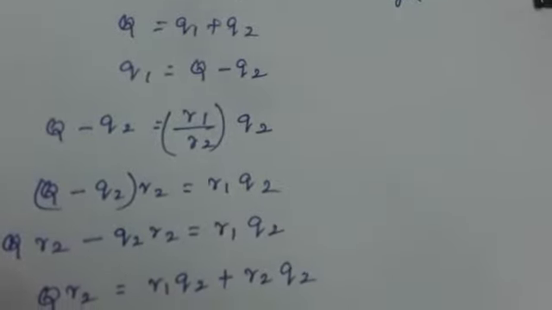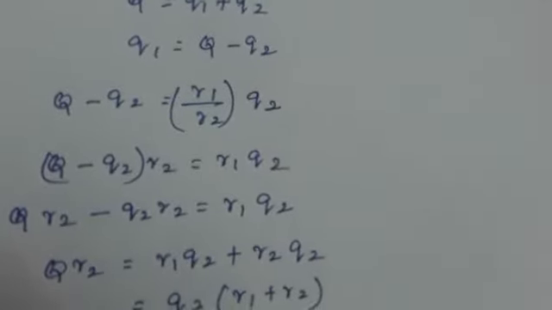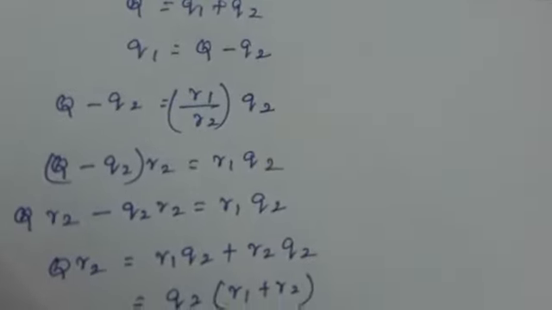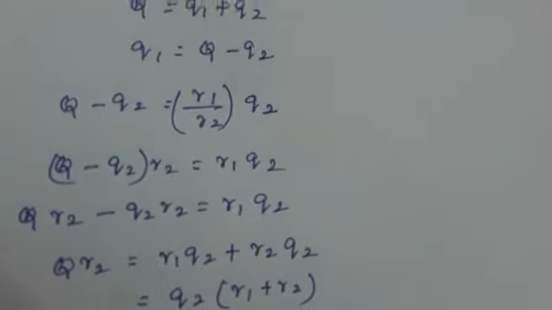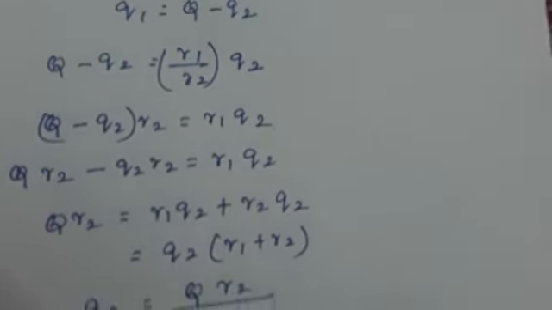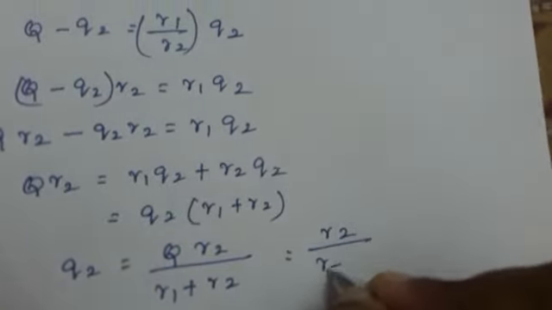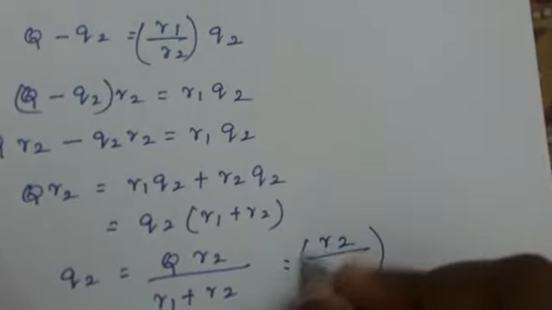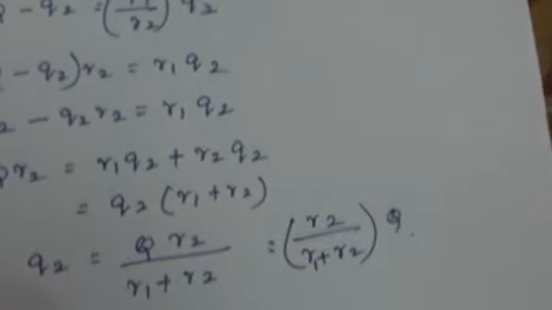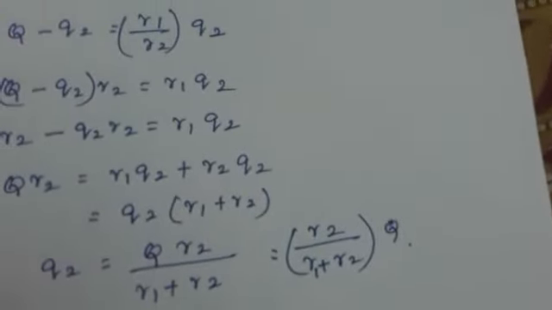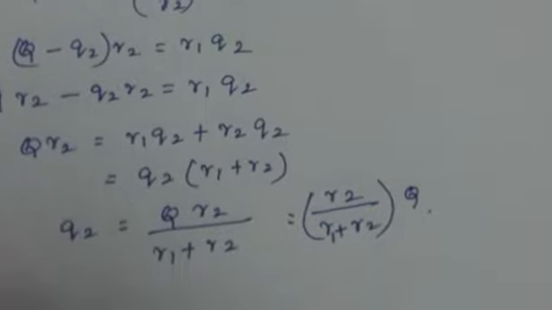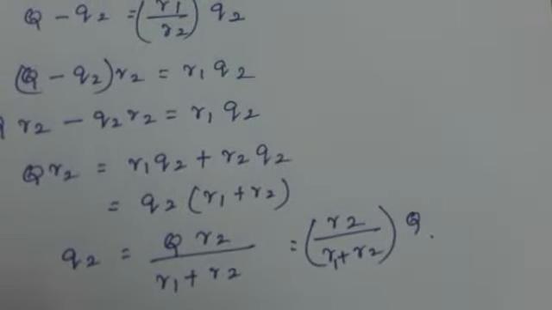Taking Q2 outside, it is Q2 into R1 plus R2. So Q2 is equal to Q R2 by R1 plus R2, which can be written as R2 by R1 plus R2 into Q. Now we can substitute the values. Q2 is equal to, what is your R2 according to the problem?